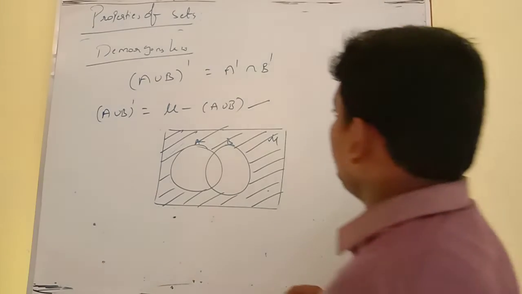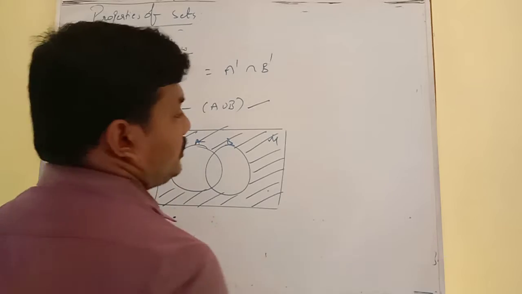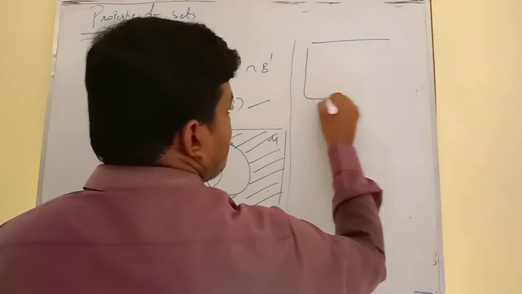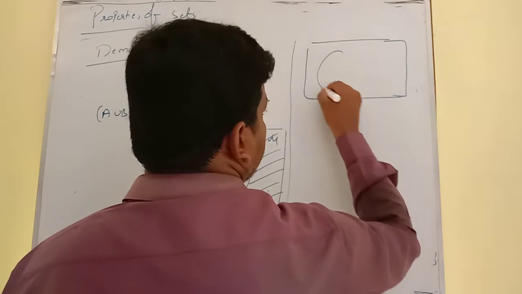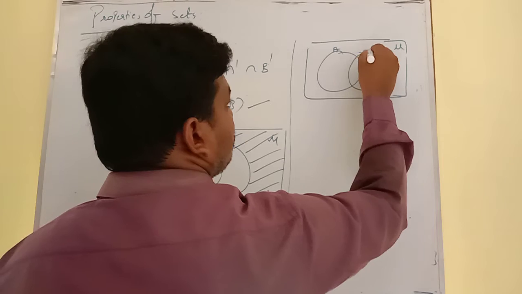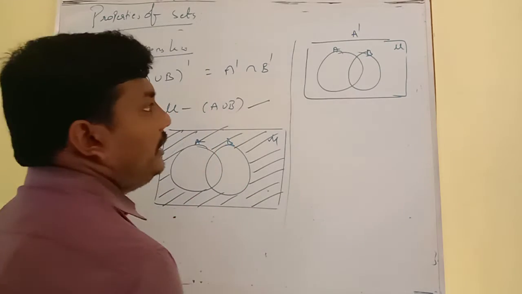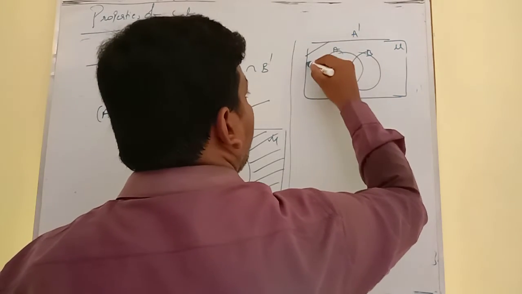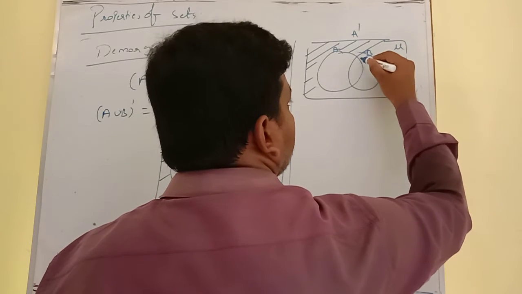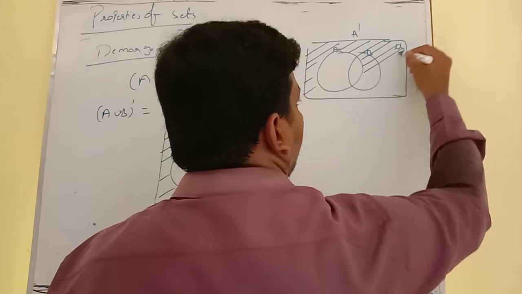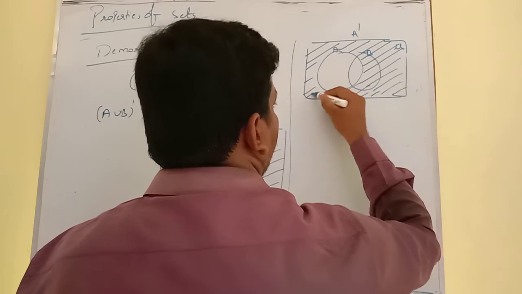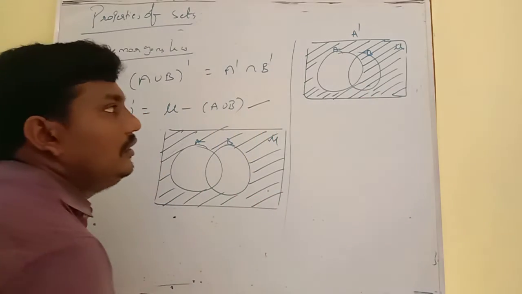Now, how to find A dash intersection B dash, we can see. What is A dash? This is U, this is A and this is B. A dash is nothing but except A, you consider the remaining portion.